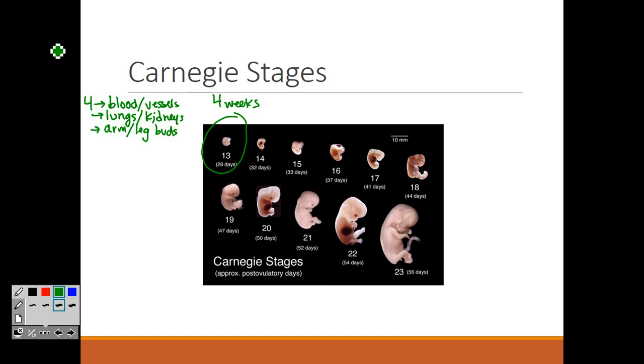So not a full-grown arm or leg, but a little bud of tissue where the arm and the leg will be developing. And the head will start to distinguish itself. So it is super tiny at this point. If you look at the scale, that's 10 millimeters, and this is smaller than that, so it is minuscule at this point.